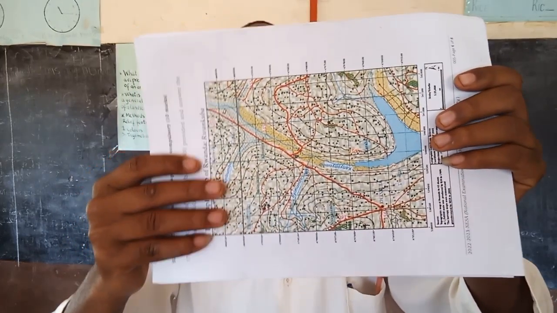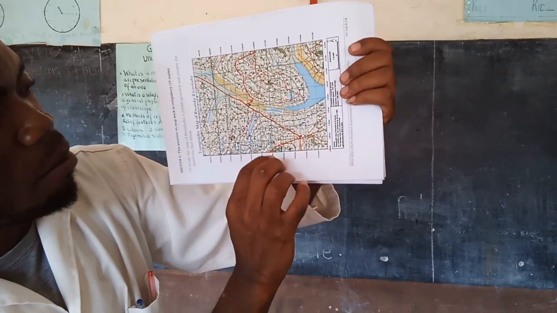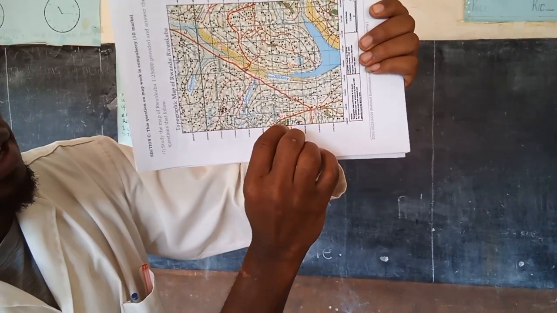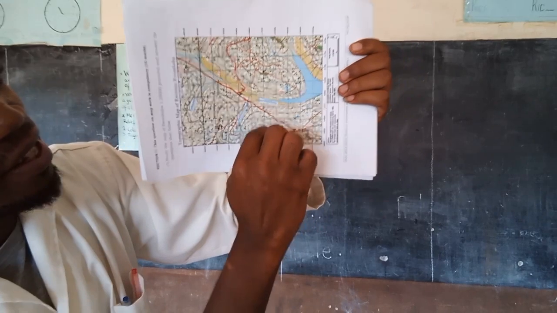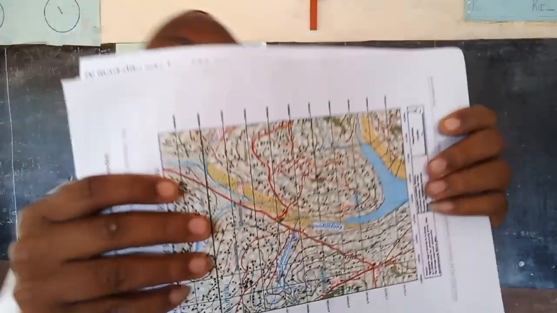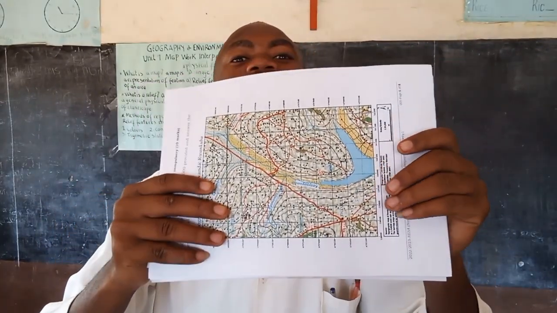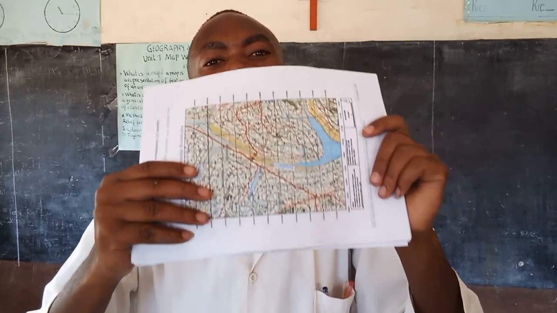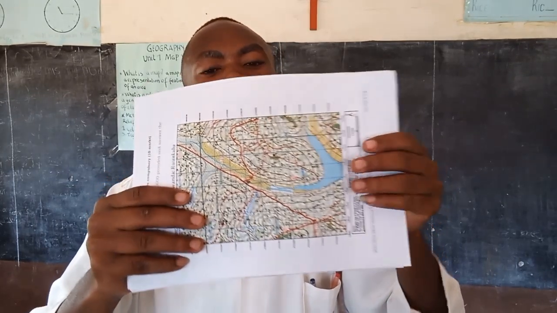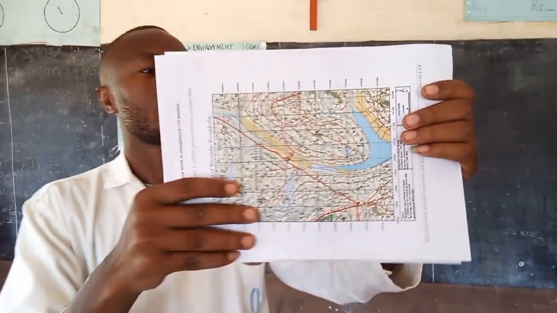Here you see the green colors on this topographical map. Those are vegetation cover in the places I have been showing on this map.